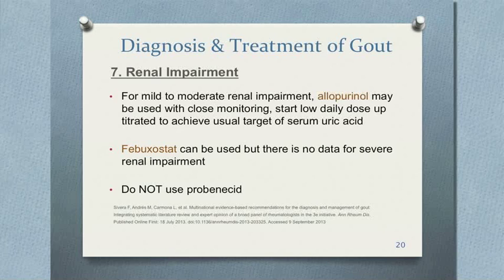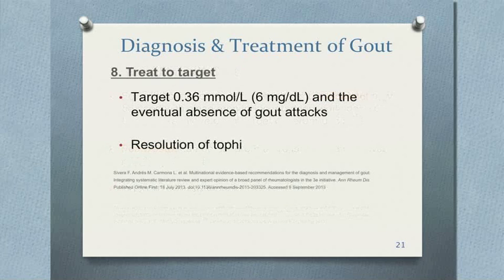And febuxostat can be used in patients who have mild to moderate renal impairment, but with a GFR less than 30 cc's, there's not been research. And we do know that febuxostat has had a few case reports of hypersensitivity. And probenecid should not be used if someone has renal impairment.